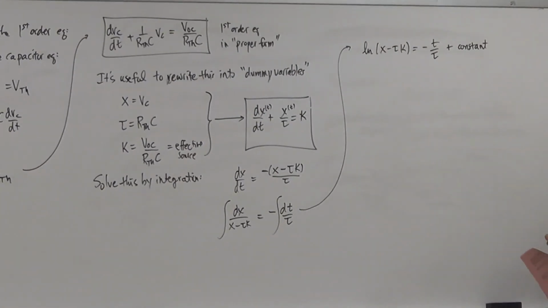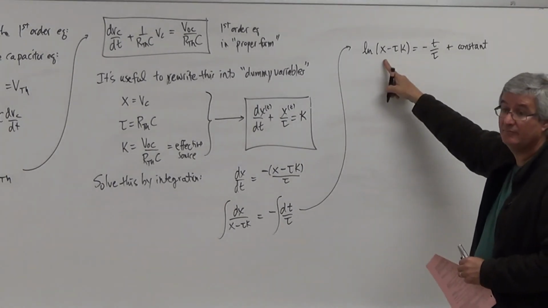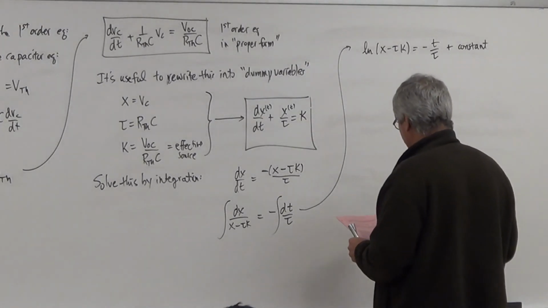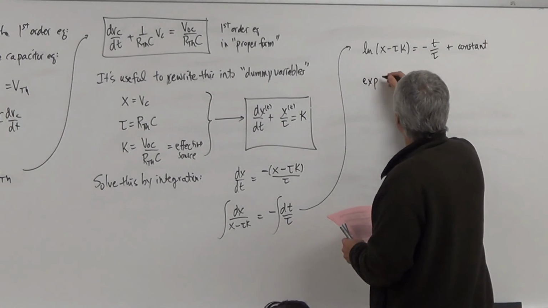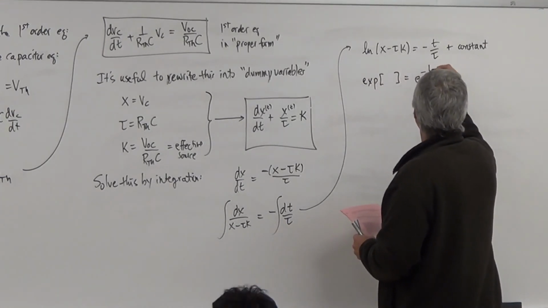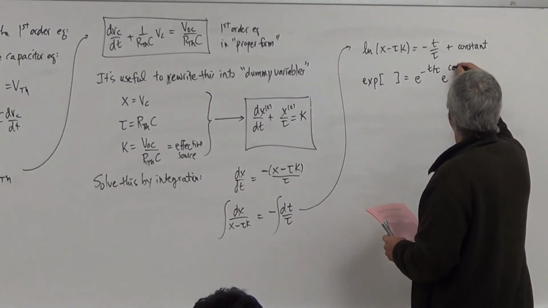If I get this constant here, you can see that my whole goal is to get rid of the log. So if I want to get rid of it, I'm going to take the exponential of both sides, and I get e to the minus t over tau, and then e to some constant.